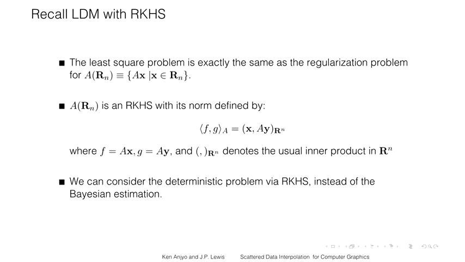So the important thing in introducing this idea is that now we can consider the deterministic problem in RKHS. Probably you would remember that in the case of the regularization problem for Beppo-Levi space, we don't consider any probabilistic behavior or possibilities. Instead, we just solve it in a deterministic way.